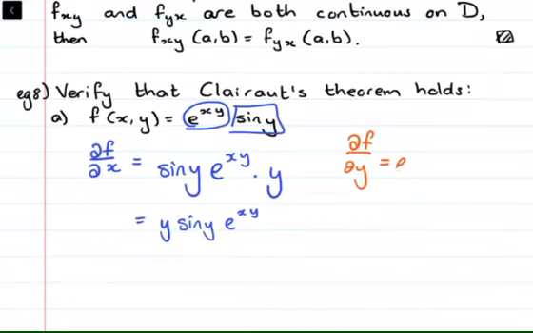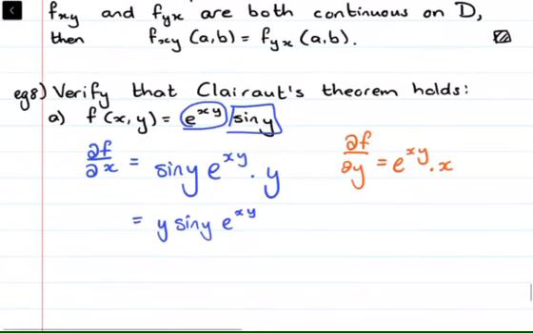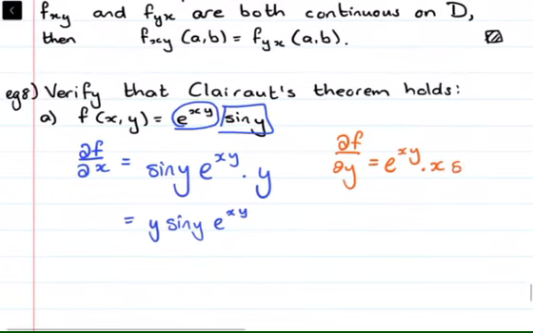So then it becomes e to the xy times the derivative of the top function, which is x, right? Because we consider x as a constant, right? Times sine y plus, this remember is product rule. You keep the first function and you multiply and you find the derivative of the second function. Right, so this is what we have.